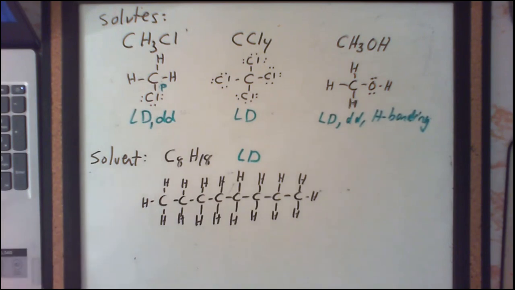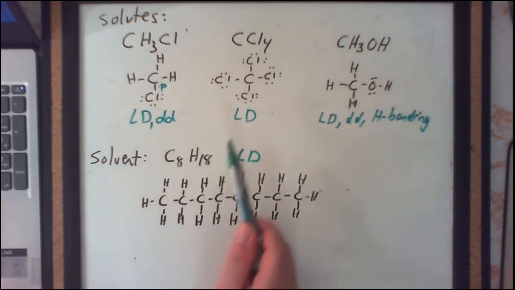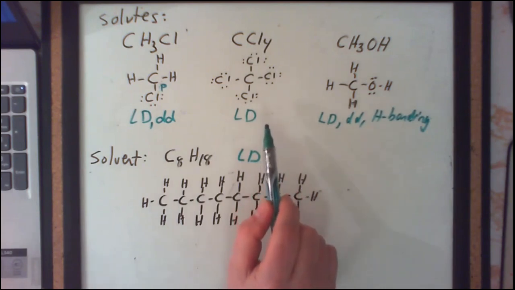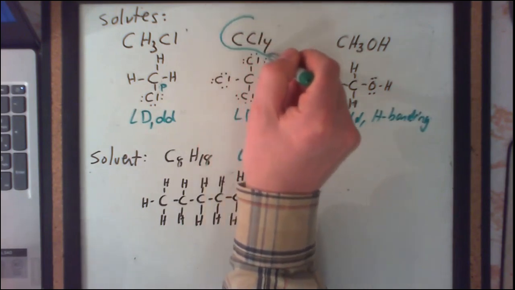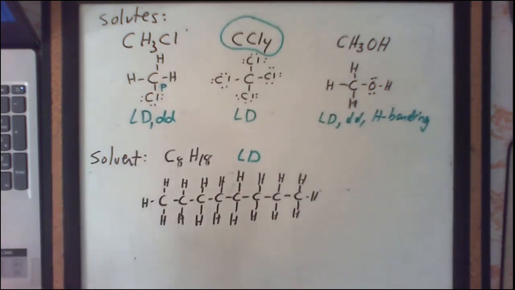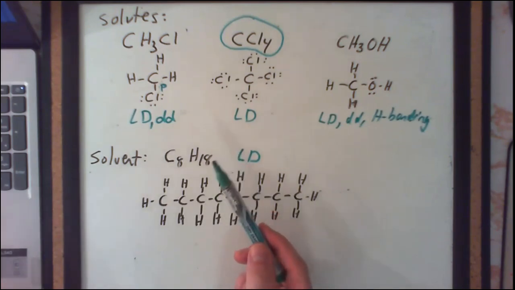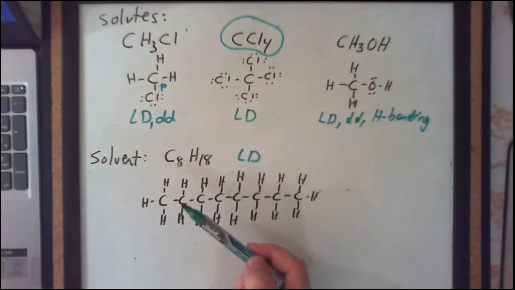Notice here that CCl4, the nonpolar solute, has the best match of IMFs with the solvent. So as a result, we'd expect that CCl4 would be the most soluble in C8H18. A nonpolar solute is the most soluble in a nonpolar solvent. Like dissolves like.